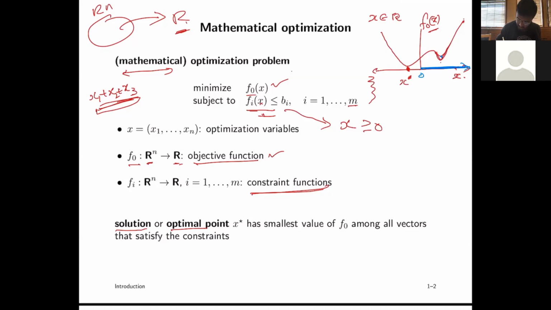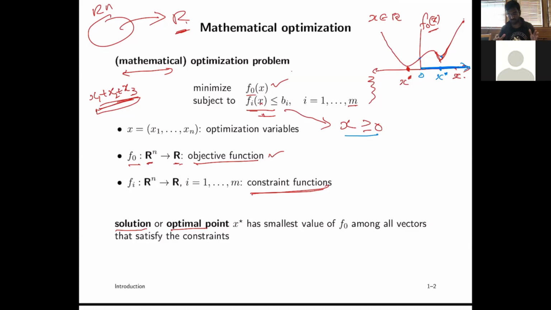So in this case, it will be this point x star. Of course, if I put a constraint like x greater than or equal to 0, and x equal to 0 is the lowest point, the minimum value, then that's the solution. We don't have any preference.